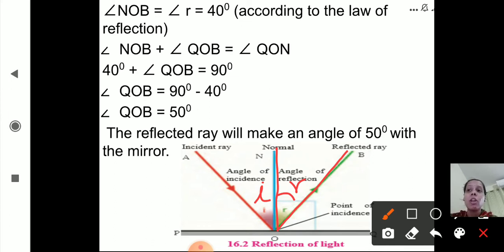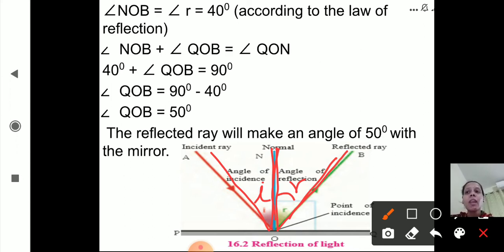Because according to the law of reflection, angle of incidence is equal to angle of reflection. So if in the question angle of incidence is given 40 degree, I is equal to 40 degree, or the angle AON is equal to 40 degree, then the angle NOB or BON is also 40 degree. Why? According to the law of reflection, angle I is equal to angle R. Okay. So if the angle of incidence is 40 degree, then the angle of reflection also 40 degree.